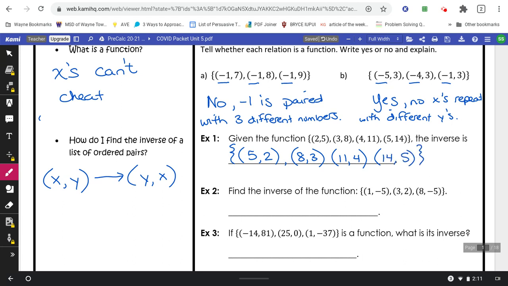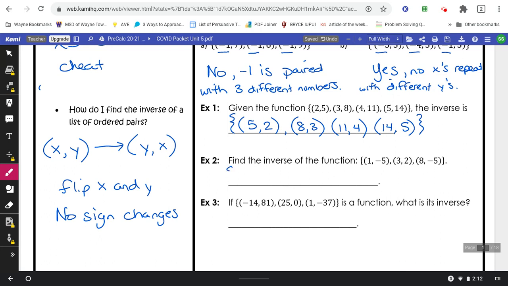And then finish it up with a curly bracket at the end. And that's it. That's all you do. So flip your x and y, no sign changes. So you're not changing this from a negative to a positive or vice versa, just flipping the order.